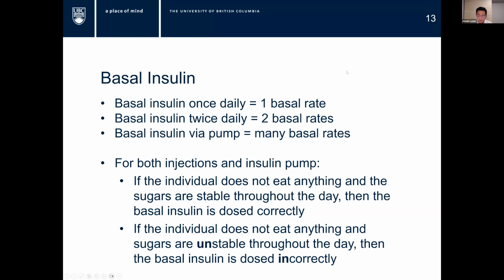The other concept I want to talk about is checking the basal rate. If we want to see if that basal rate is adequate or not, we could ask an individual to not eat anything. You could ask them to do it for the whole day, but that would be quite difficult and uncomfortable, perhaps.